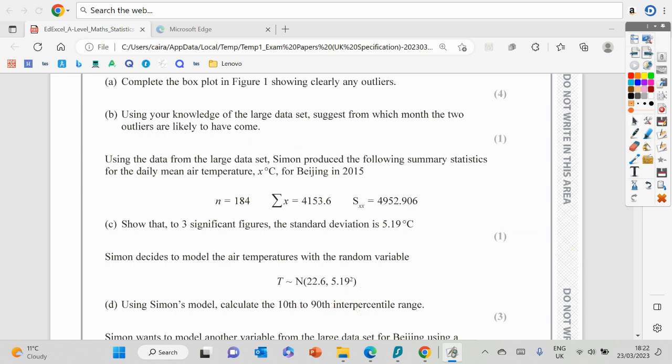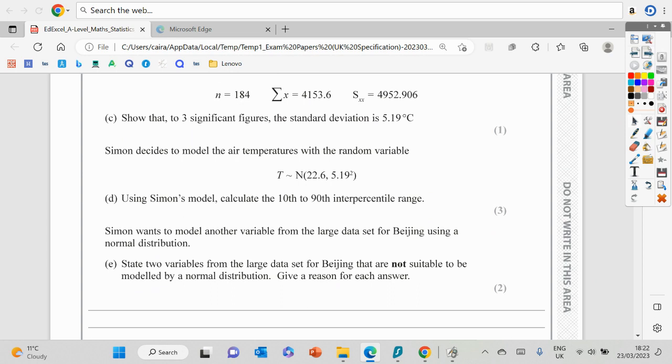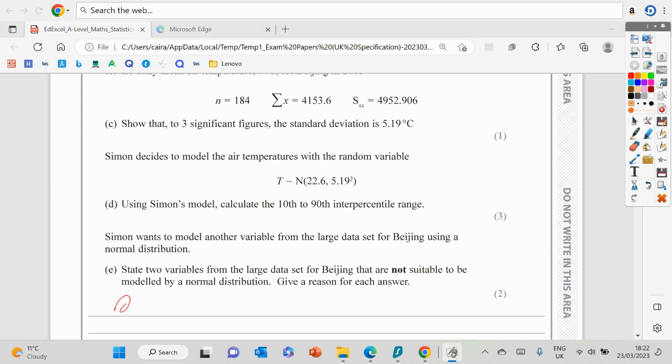All right, the last bit of this question says Simon wants to model another variable from the large data set for Beijing using a normal distribution. State two variables from the large data set for Beijing that are not suitable to be modeled by a normal distribution. Give a reason for each. Okay, well, the daily mean wind speed conversion as qualitative.